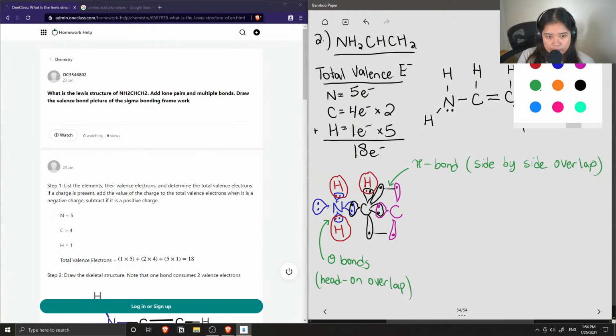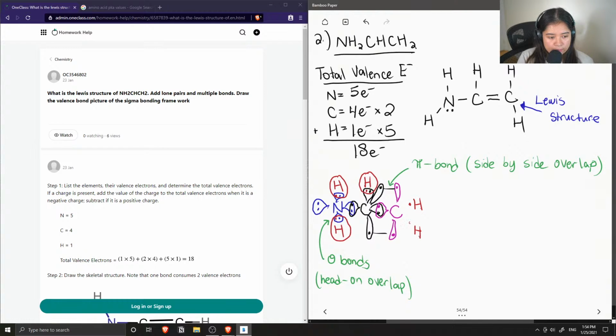Okay, and then just for the last carbon, it has two more hydrogens bonded to it as well. And then we just draw those two sigma bonds, like so.